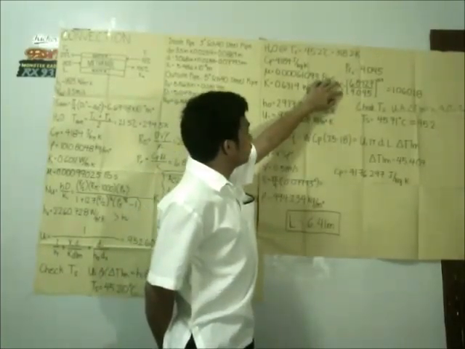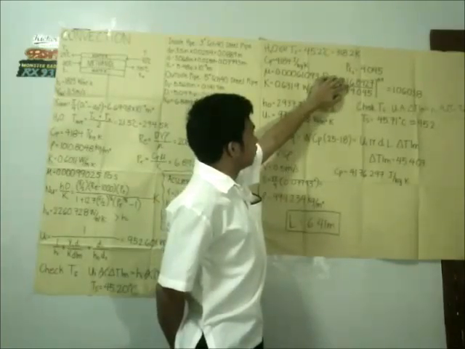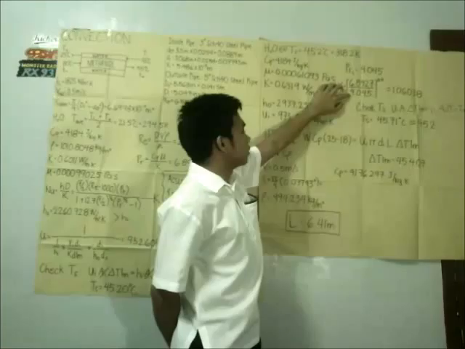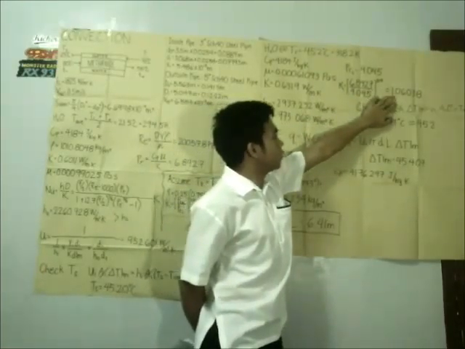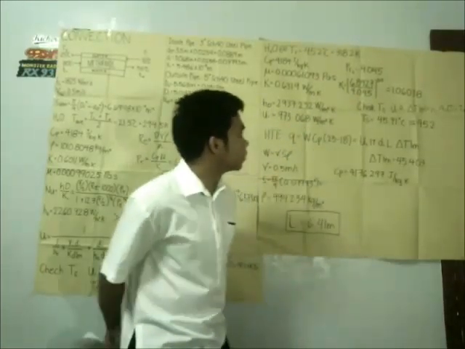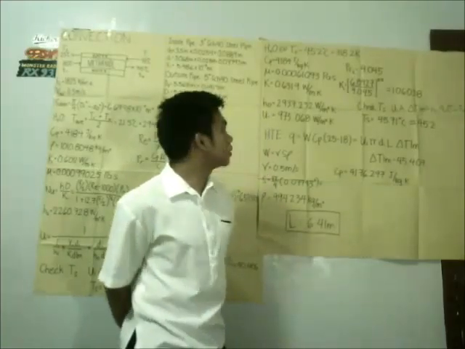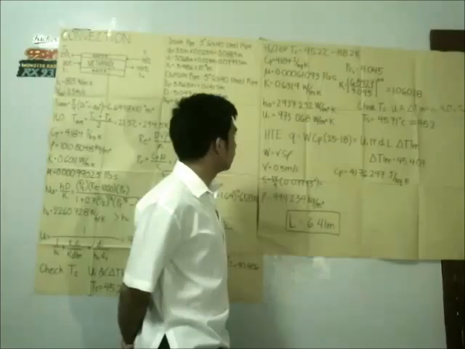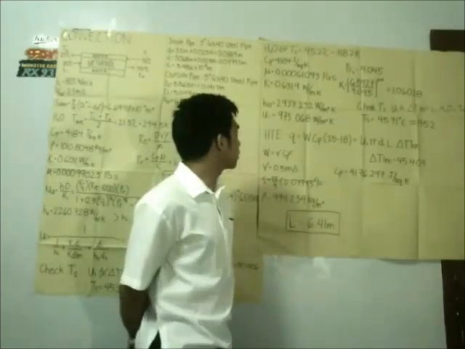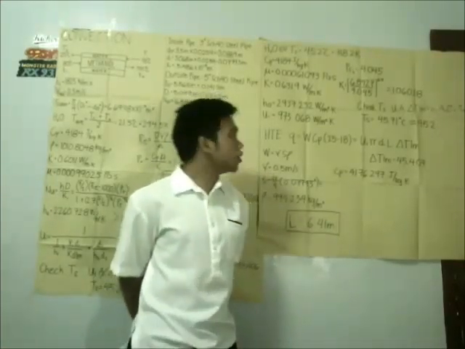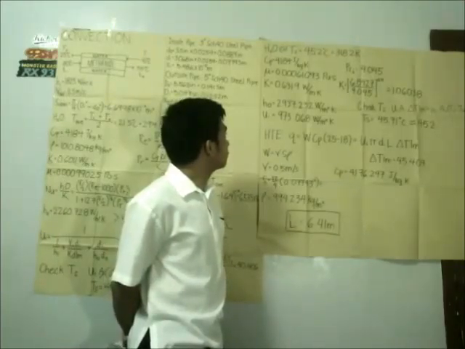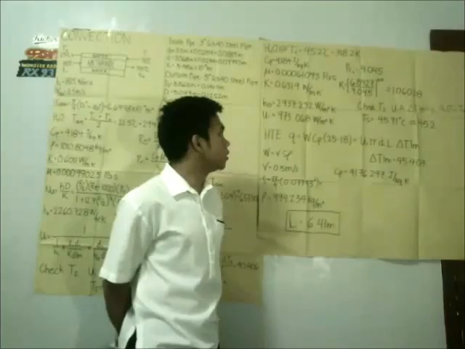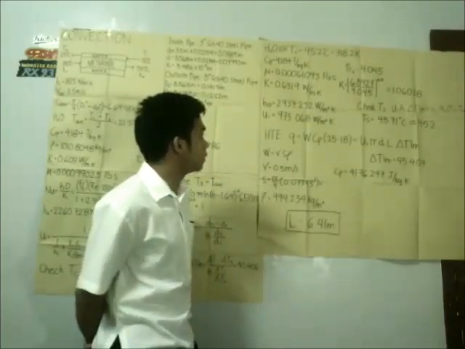Now here, K with the bulk Prandtl number and the surface Prandtl number gives this value of K, 1.06038. The F will be the same, and so now we can calculate for the HO, which is 2937.23 watt per meter squared Kelvin.